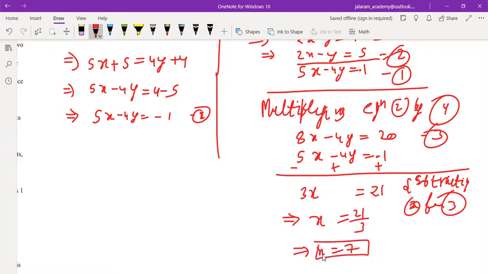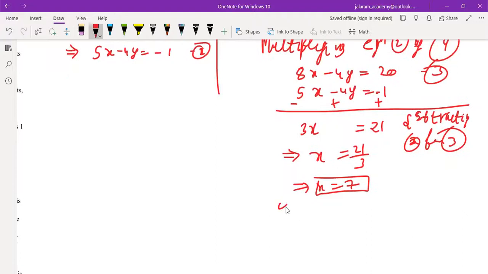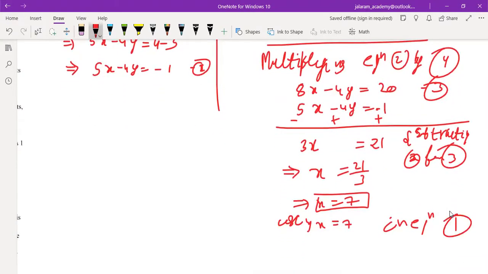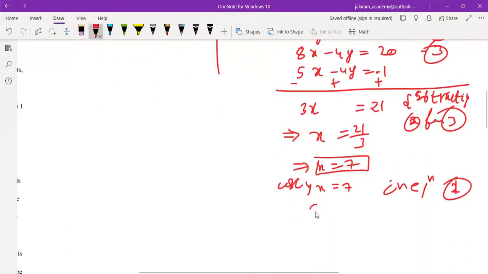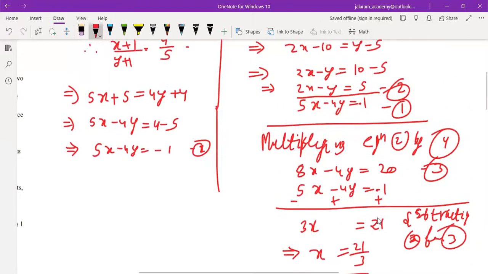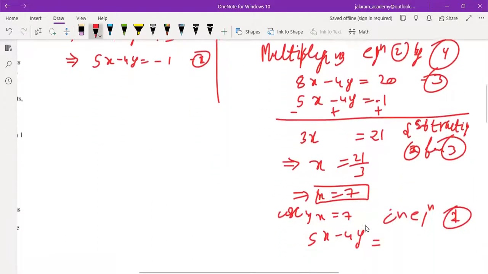And then use this value of x equals 7 in equation number 1 or 2, any one of the equations. Sorry, equation 2: 2x minus y equals 5.